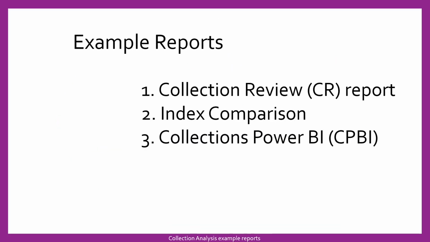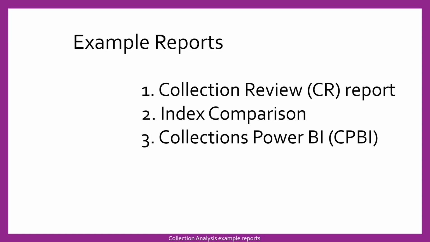Today I'll show you 3 reports very quickly to highlight how these deploy holdings analysis, especially to draw attention to the value provided by PCA collections. The Collection Review or CR report is an annual report to inform collection assessment. The Index Comparison was a custom report requested by an instruction librarian.